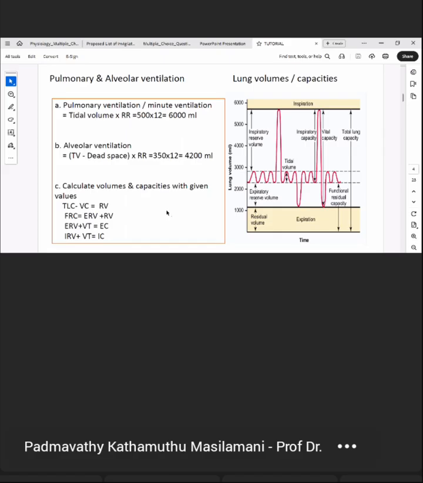Is it okay? Any questions from me? So you can calculate the vital capacity by adding IRV, tidal volume, and ERV. Suppose one of them is not given, you have to identify it.